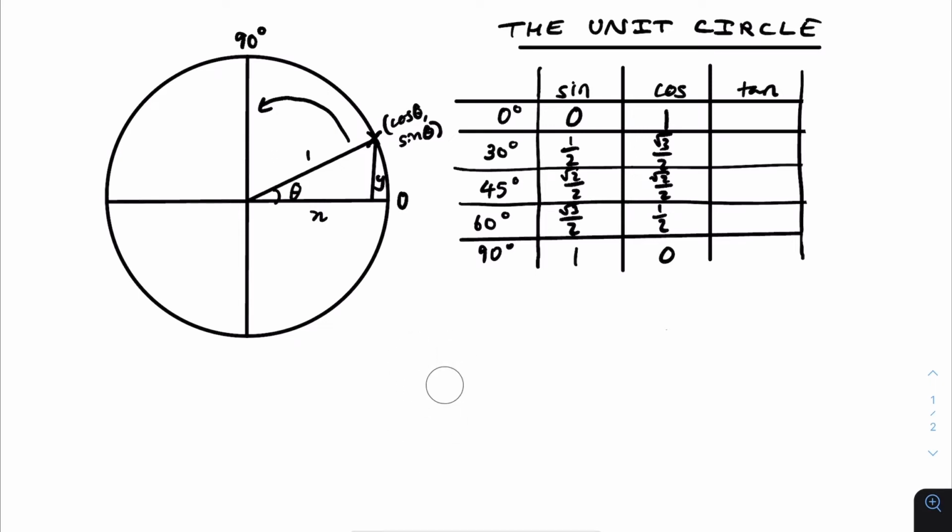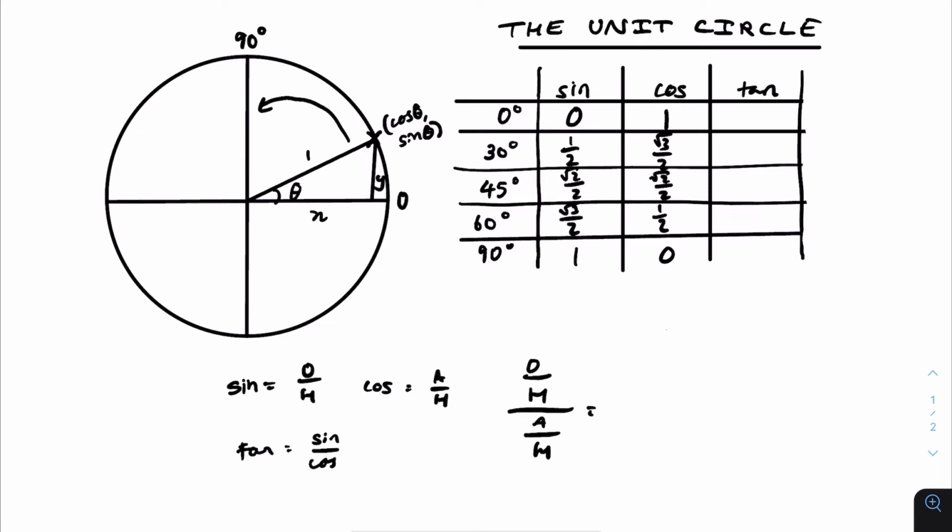Now, the reason I've left out tan is because I wanted to point out a particular thing. Since sine is opposite over hypotenuse and cosine is adjacent over hypotenuse, we can actually say that tangent is equal to sine over cosine, because sine over cosine is O over H divided by A over H, which just evens out to O over A, which is the identity for tangent.